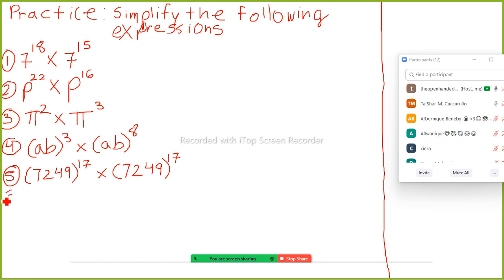And let's say that we had 7, too much 7, so let's use something else. So let's say we had 8pr q to the power of 9, and multiply it by 8pr q to the power of 12.